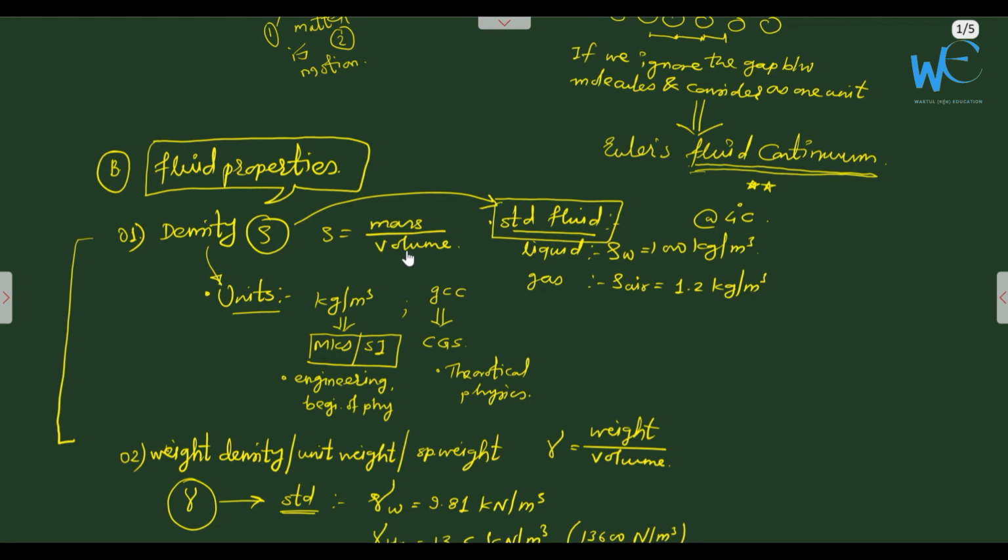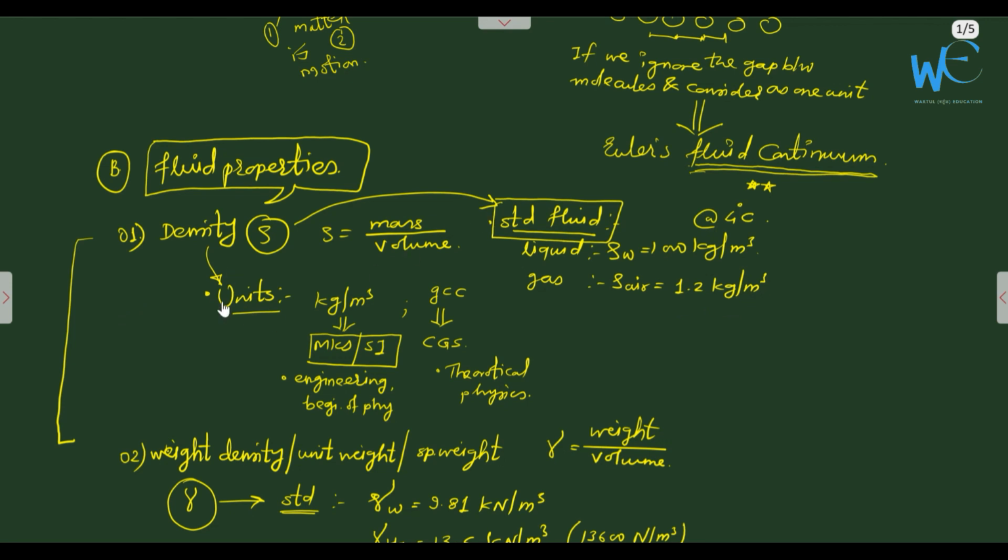Rho is mass divided by volume, and density has some standard fluid: in liquid, we use water as a standard fluid, and in gas, we use air. You can see how much difference there is in the density of water and air. Standard liquid, water, has a density of 1000 kg per meter cube, and air has a density of only 1.2 kg per meter cube.